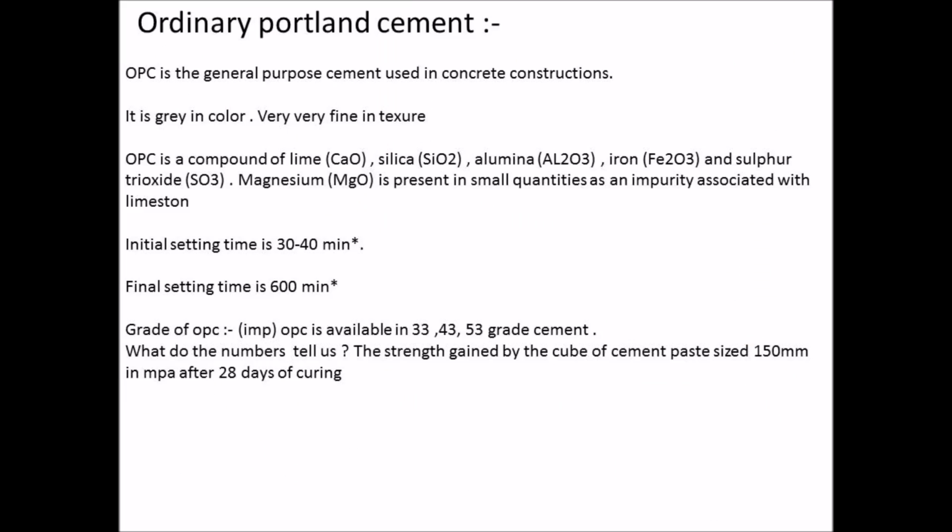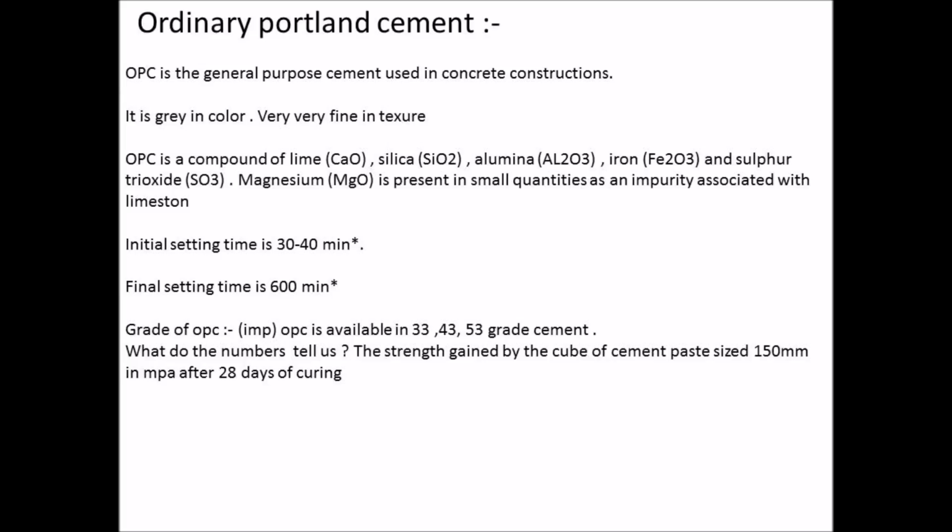Now, there are a lot of common types of cement available in the market. We will discuss a few important ones in this video. Let's start with ordinary Portland cement, OPC. OPC is a general purpose cement used in concrete construction. What is general purpose cement?